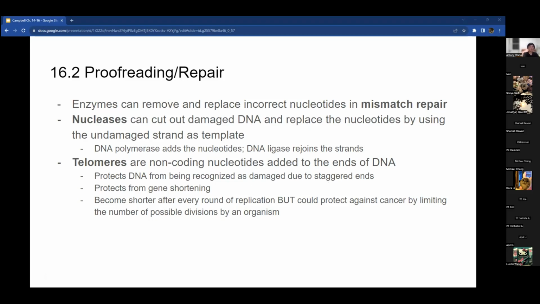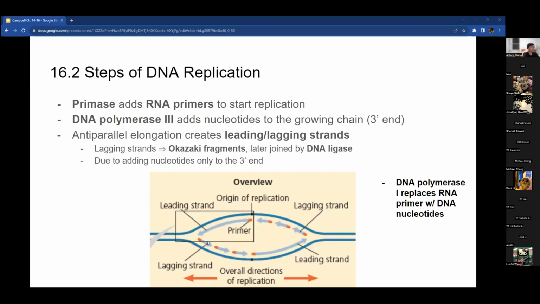Another thing is because there's only lagging strands in one direction on each strand, the DNA fragments will have different lengths on each side of the strand.